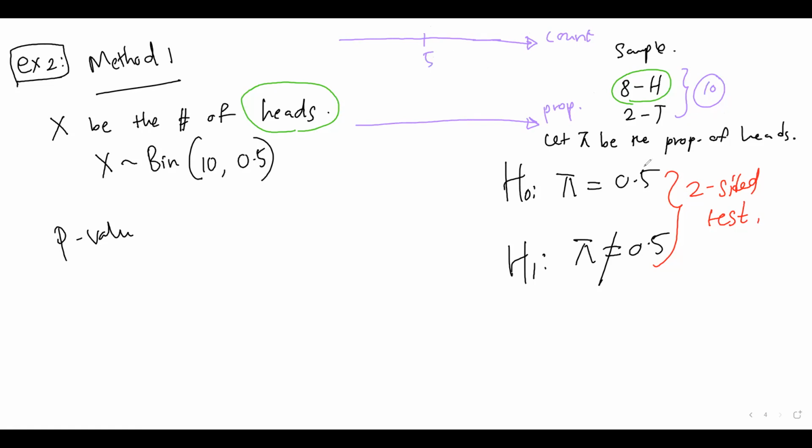But we have gotten 8 heads and only 2 tails. So 8 is on the right-hand side of this, and we are dealing with this. In other words, if we take the proportion axis, this is 0.5, this is 0.8, the sample proportion. This is 0.2.